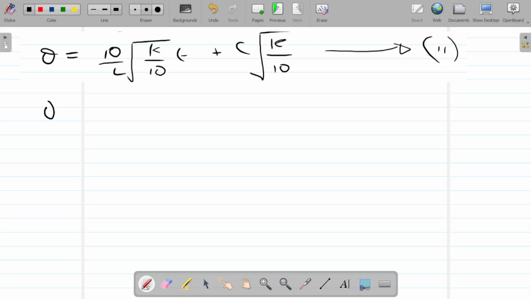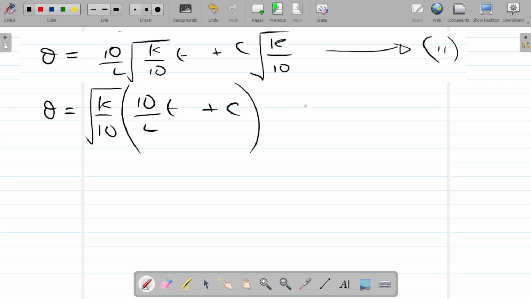So that gives us theta equals, in actual fact, I'm going to bring the root of k over 10 outside the brackets to give the root of k over 10 times, in brackets, 10 over L times t plus c. Right, like that. Now let's give that a label of equation 12.